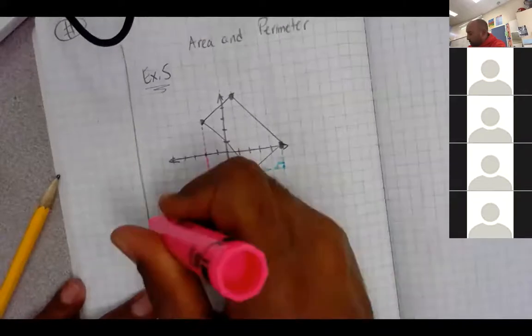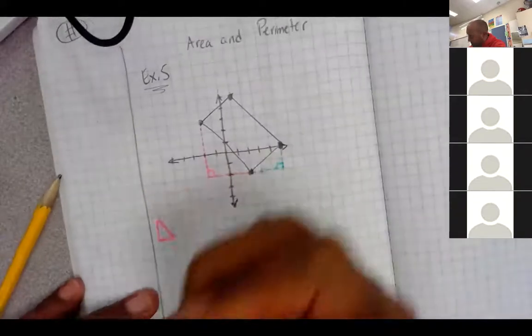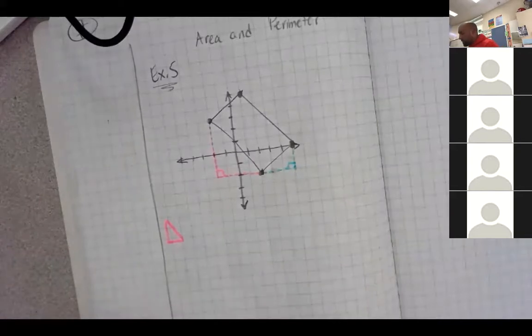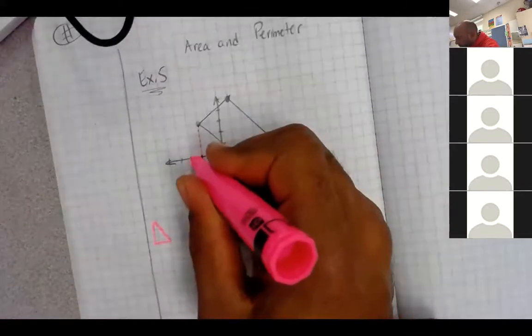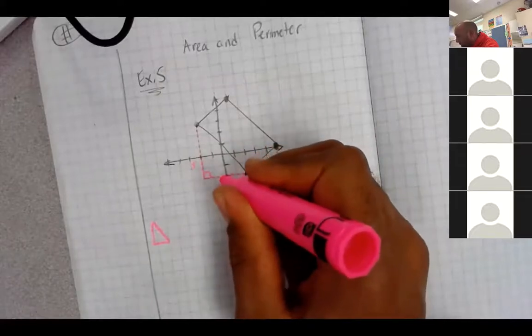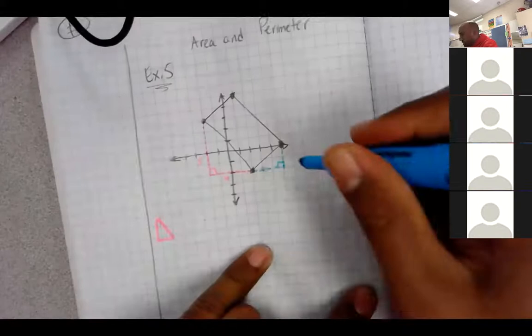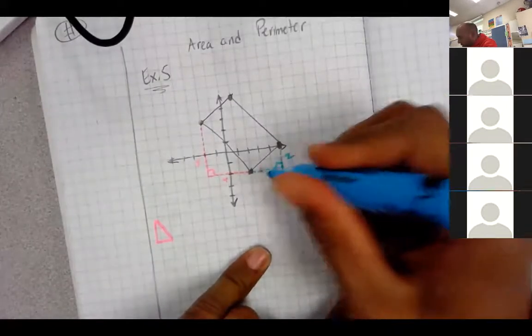Okay, so the first one, it's going to be, let's see, 5 here and 4 here. And then the second one is 2 here and 3 here.